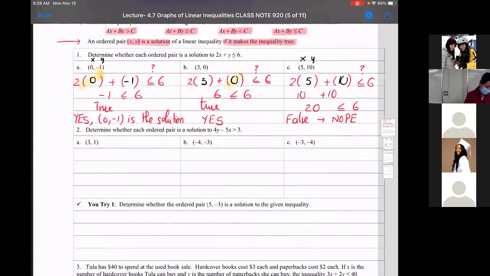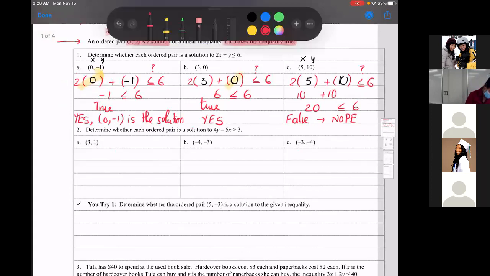So problem B is x is -4, y is -3, and I'm gonna write my inequality as 4 times parenthesis minus 5 times parenthesis greater than 3. Watch out for this problem because y comes first.